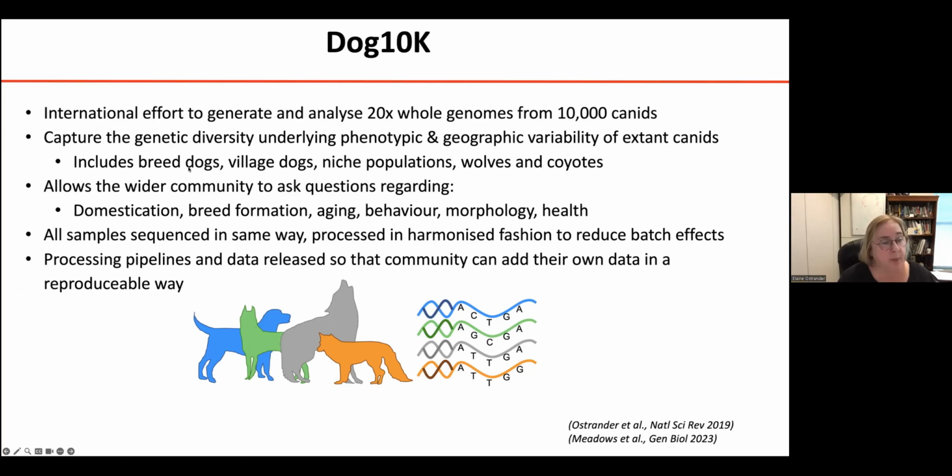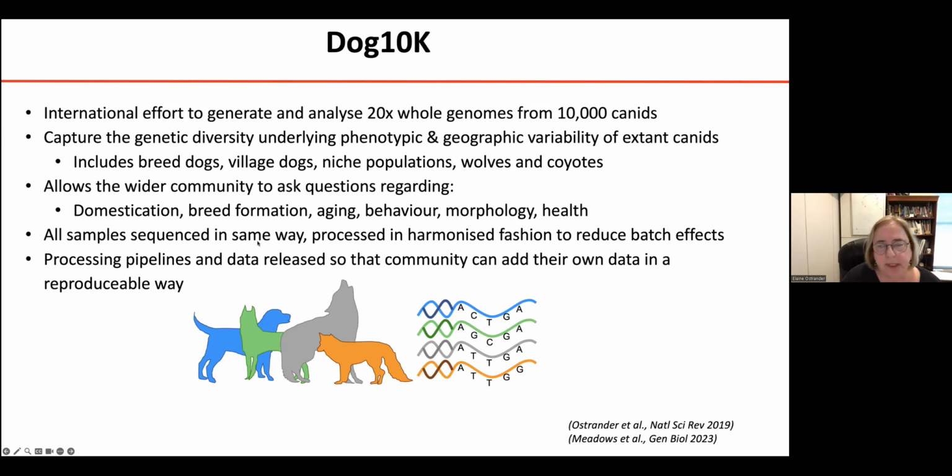And this included breed dogs for sure, which we're talking about here, but it also included village dogs, certain niche populations like populations of dogs that aren't really breeds but live in one geographic region, as well as wolves and coyotes. And we wanted to develop this resource and make it publicly available even prior to publication, which we did, to allow the wider community to ask questions regarding domestication, breed formation, aging, behavior, morphology, and health.